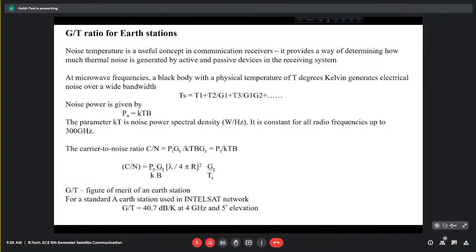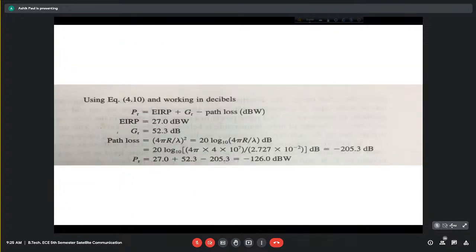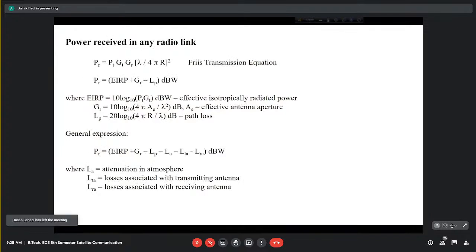So in the last class, I think we had derived the expression for the received power, either in terms of decibels or in the linear relation.